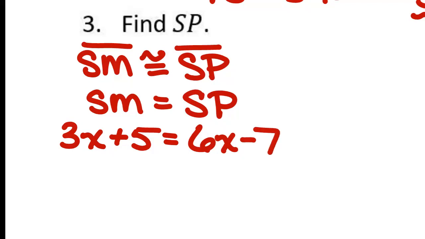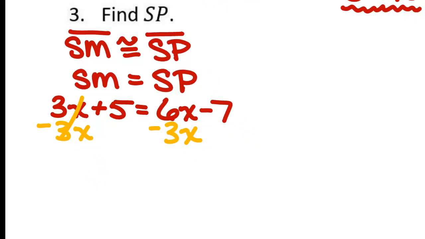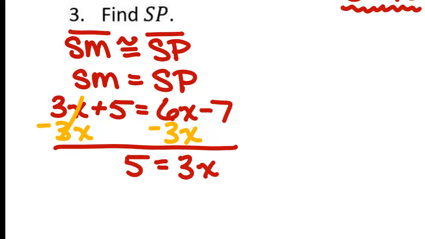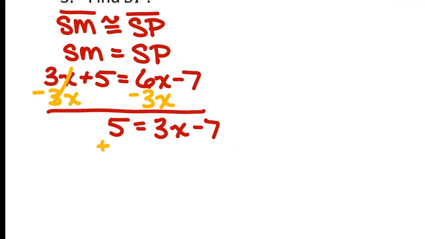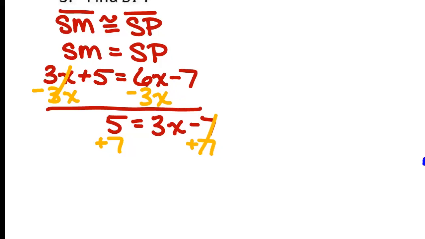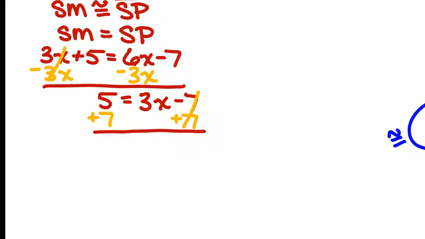6x minus 7. We're going to solve this for x, so I'm going to minus 3x from both sides. That would give me 5 equals 3x minus 7. Then I'm going to add 7 to both sides. What is 5 plus 7? 12.